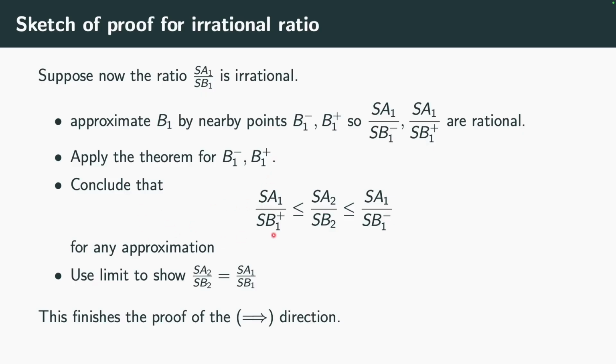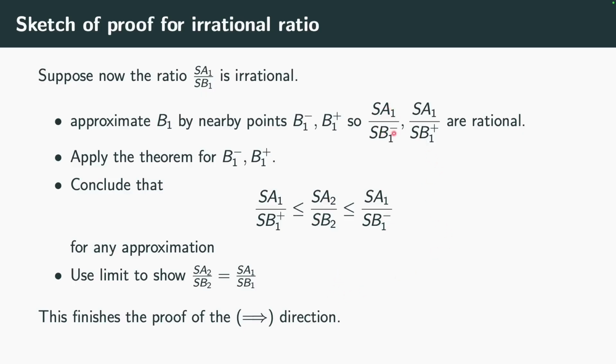And playing this game and being a little bit careful about things, we can get that the ratio SA2 over SB2 is sandwiched between the two ratios that we had that were rational numbers. And then in taking a limit, this forces equality, right?